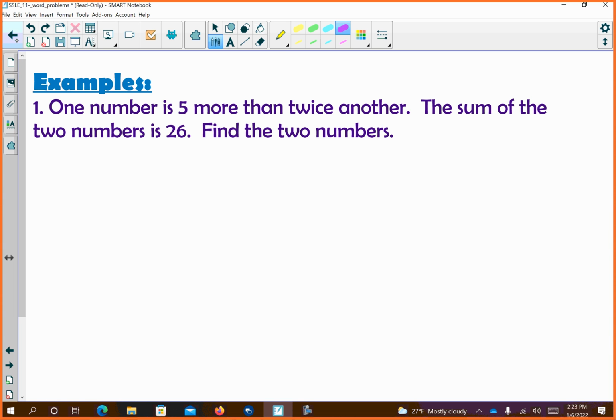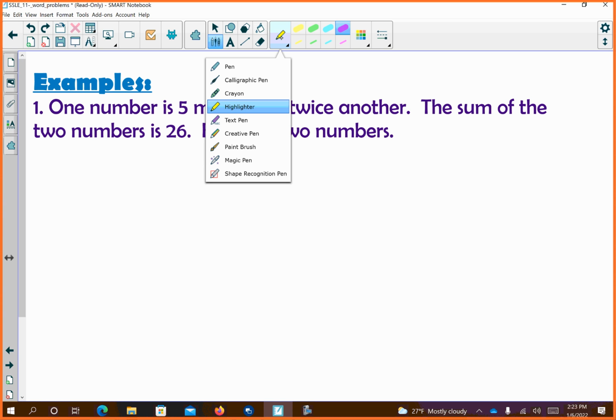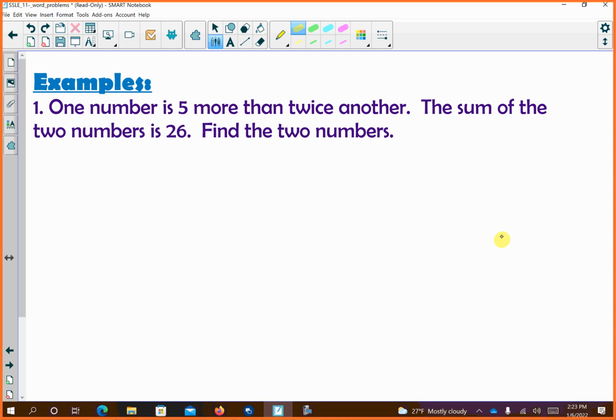So I'm going to show you how I do it, and then we'll continue to do this on tests and quizzes. So let's read the whole thing. It says, one number is 5 more than twice another number. The sum of the two numbers is 26. Find the two numbers.